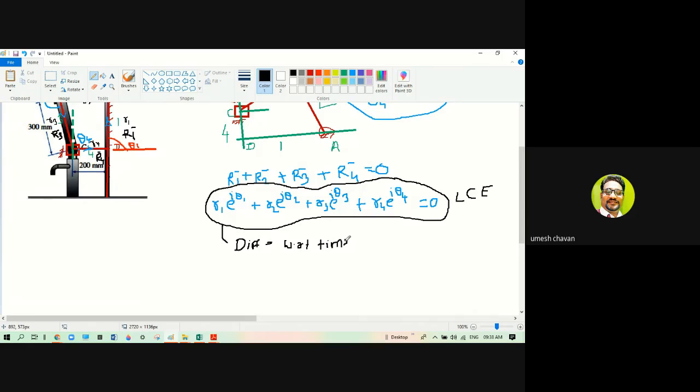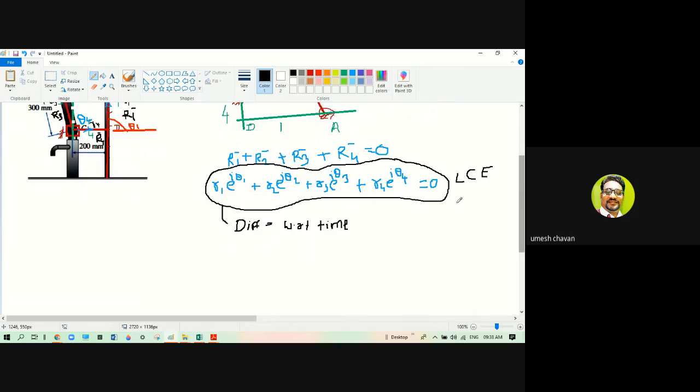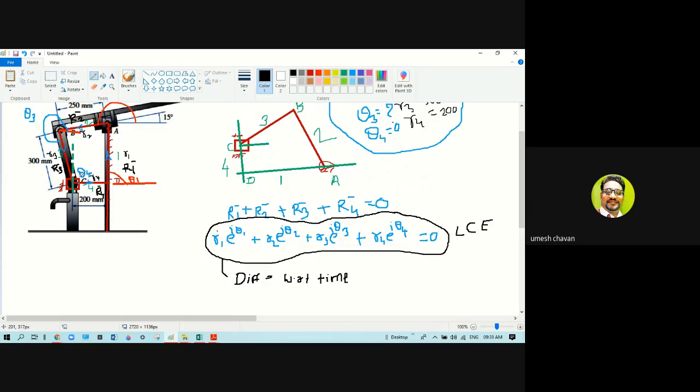For the velocity, how will the equation come? You are going to solve this equation for R1 and theta 3, you will get that. Now see here, differentiation with respect to time. What will come? What is going to change here?